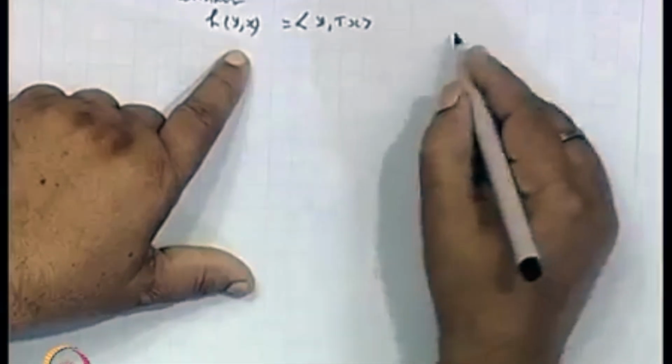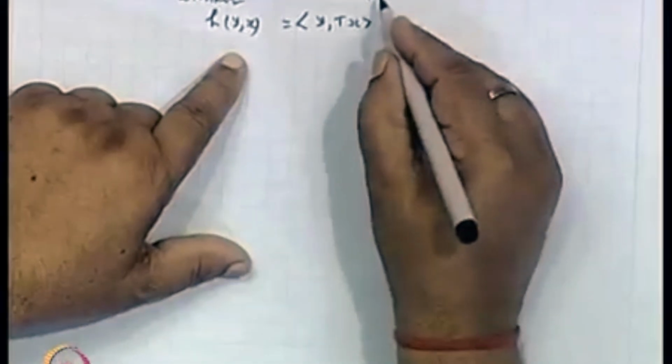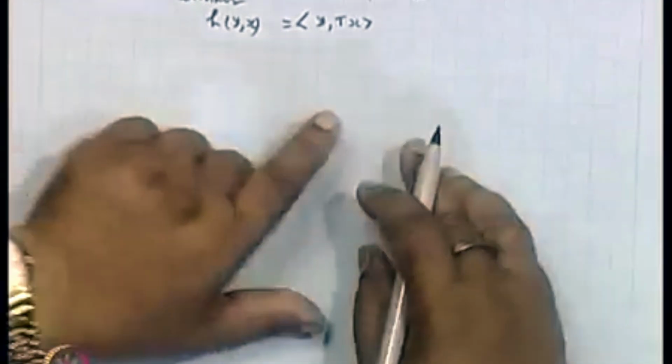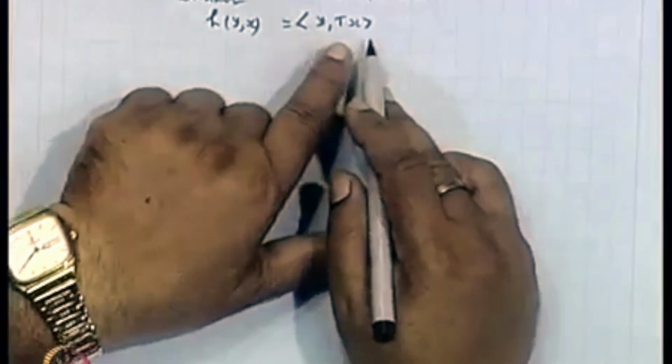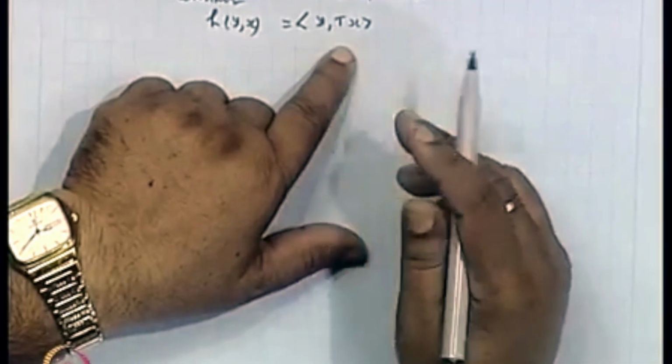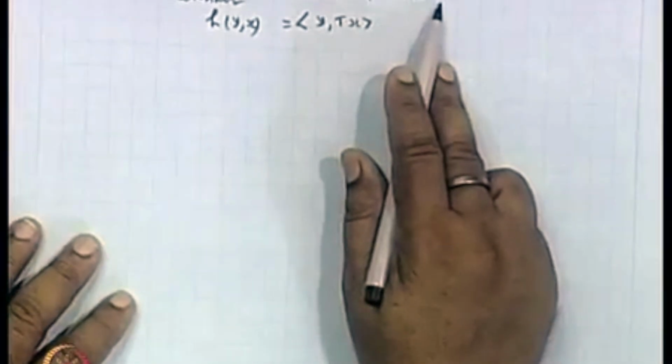So h is a function defined on H2 cross H1 to K, because this is a scalar. This function is defined as h(y, x) = ⟨y, Tx⟩. Now let us define this functional h from H2 cross H1 to K by this method.